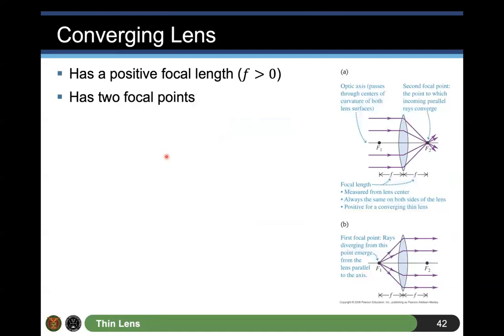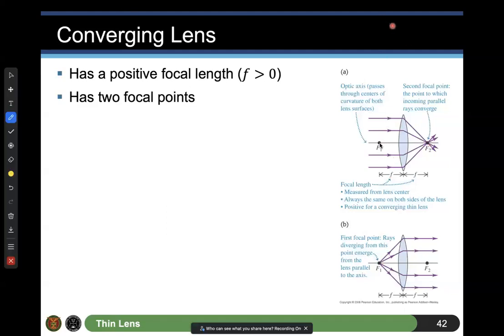Now let's look at how to construct these converging lenses. Any lens has two focal points. For the case of converging lens, positive yung focal length. F is greater than 0. For example, here, ito yung lens natin. Tapos ito yung optical axis. Let's say this is your F1, the first focal length, and F2, the second focal length.